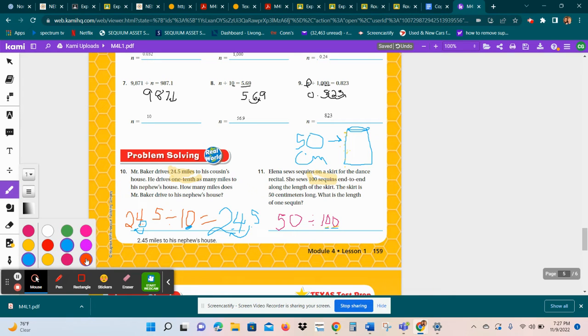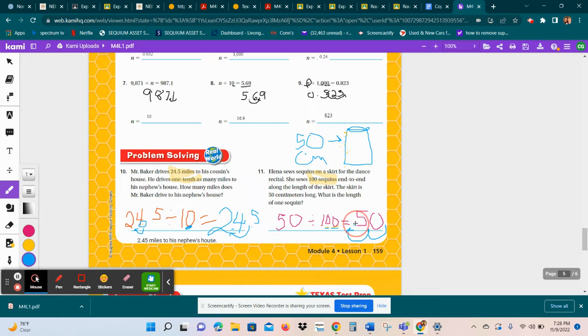So I'm going to write this, I think this is what I have, equals, and I'm going to write my 50 out here. I'm going to just repeat my dividend. And then to get my quotient, I'm going to put the decimal in the correct place. So I see that I'm going to move it over to the left twice using a different color. My decimal will always be at the end of the ones place. So now I'm going to move over one decimal, two decimals.